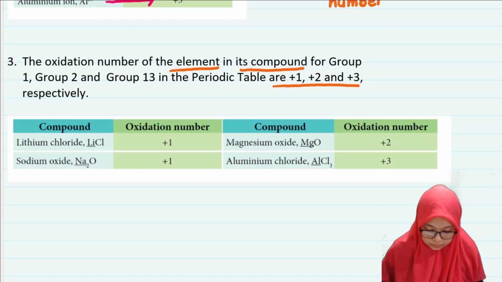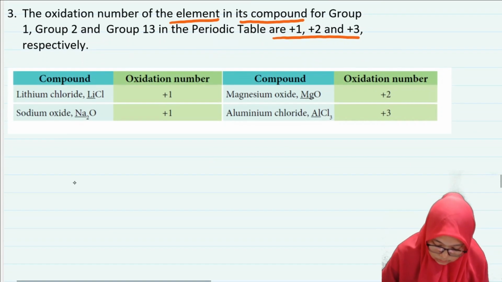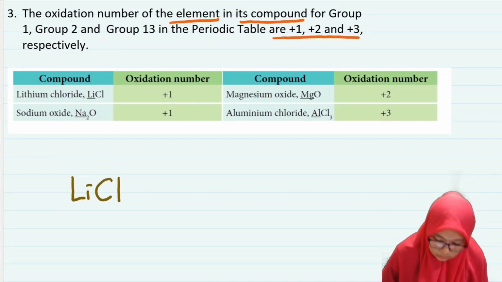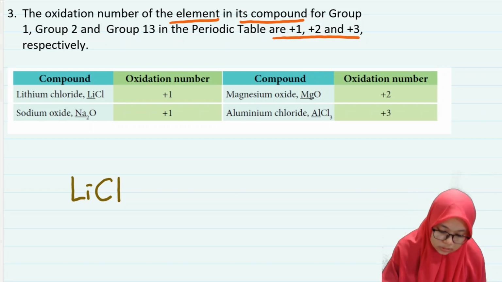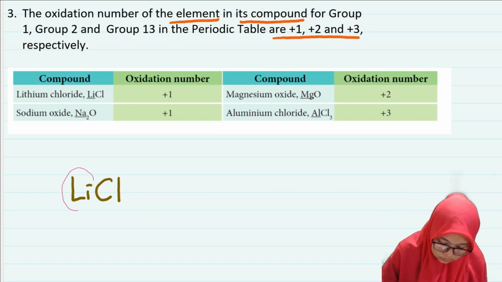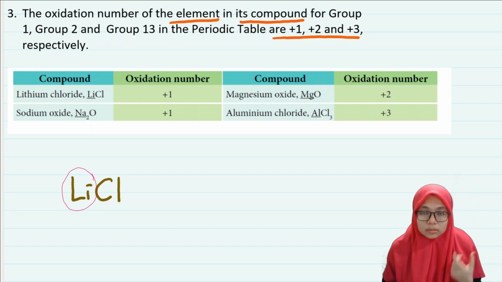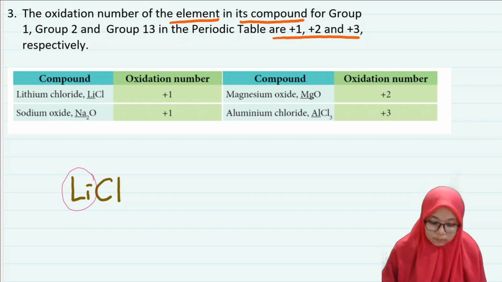For example, if you have lithium chloride, which one is group 1, 2 or 3? Lithium is the one that is in group 1. So this is a metal in group 1. If you know that the metal comes from group 1, then automatically the oxidation number of that element is positive 1.